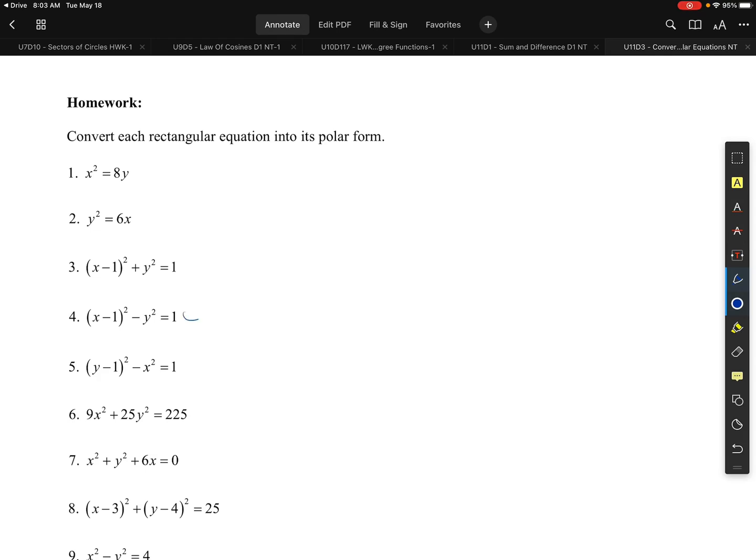So if we're looking at problem 4, slightly different here. My first move here is I'm actually going to FOIL. So if I FOIL, x squared minus 2x plus 1 minus y squared equals 1. All right, and what do I have? I gotta go from rectangular to polar. So I got all my setups. I got r cos theta squared minus 2 times r cos theta plus 1 minus r sine theta squared equals 1.